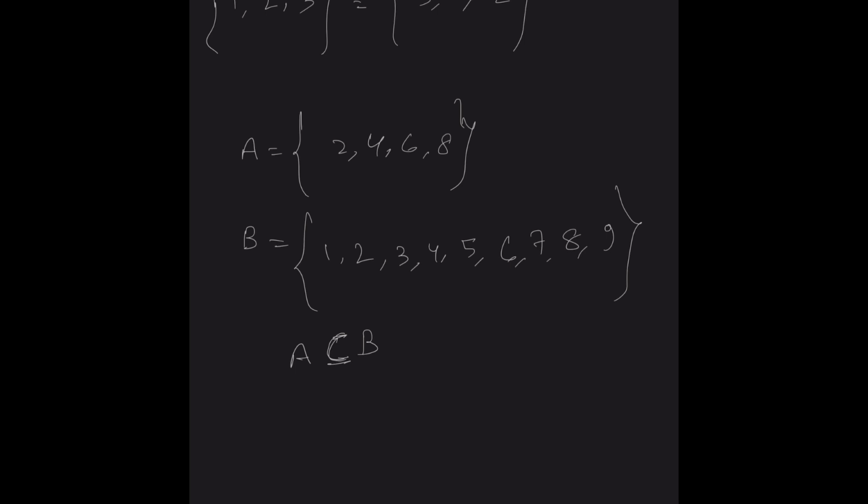If you notice, B consists of all the elements of A. Here A consists of 2, 4, 6, 8, and B also consists of 2, 4, 6, 8. Thus, we can write A as a subset of B. And to denote a subset, we use this symbol.